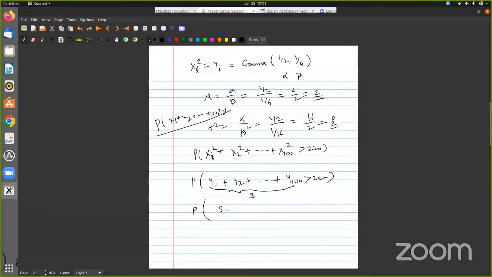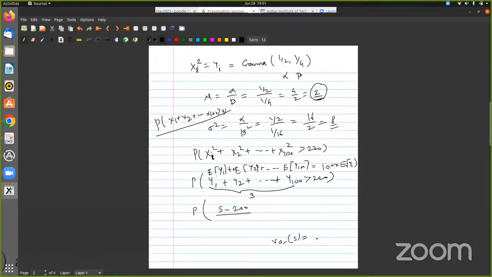What is mu there now? This is the expectation of y1 plus expectation of y2 until expectation of y100, correct? So this is 100 times the expectation of y1. What is the expectation of y1? 2. So this is 100 into 2, which is 200, correct? And similarly, what is the variance of this?